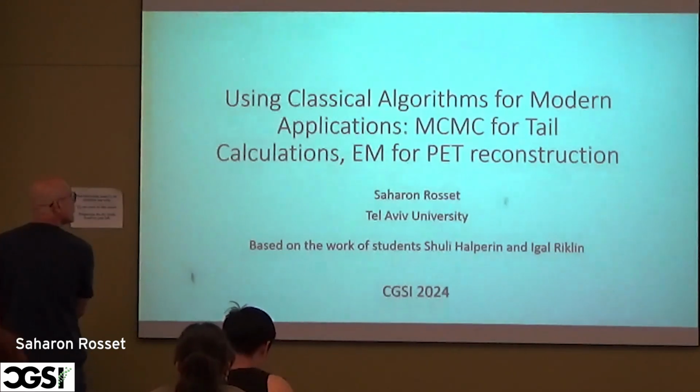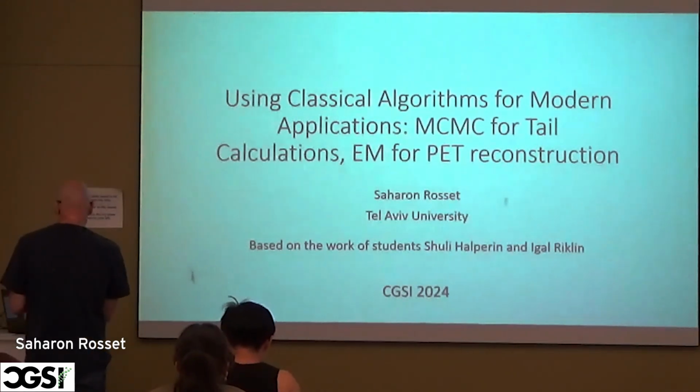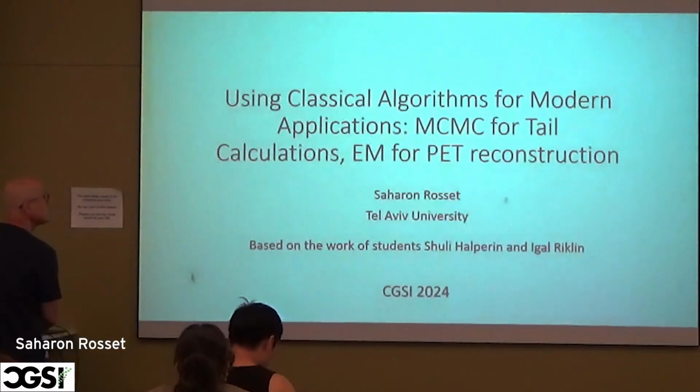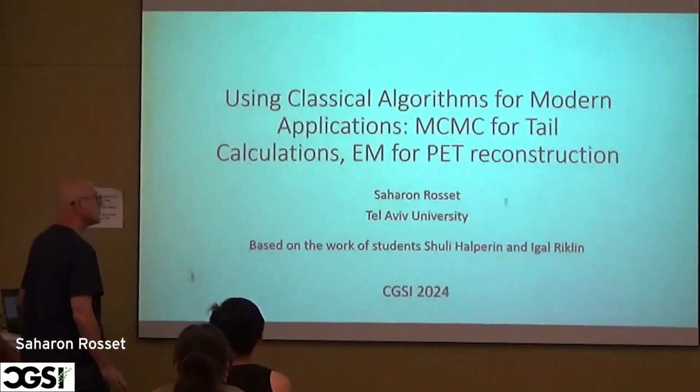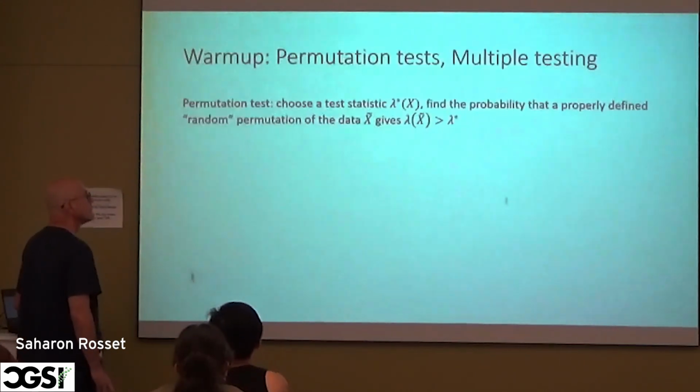Okay, so I'm going to be talking about using MCMC and importance sampling for tail calculations and using expectation maximization for PET reconstruction.